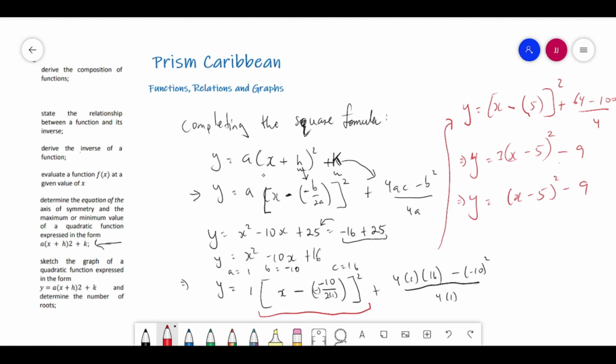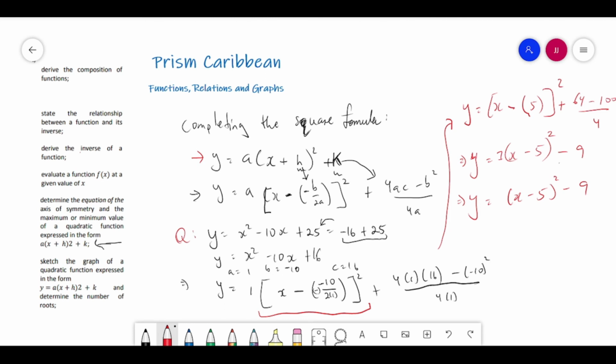So just to go over, we are given the formula, right? And what we can do is input it. So we know h is equal to minus b over 2a and k is equal to 4ac minus b squared over 4a, right? And we are given the question, and they ask us to complete the square of this question. Find the quadratic function expressed into this form here, right?